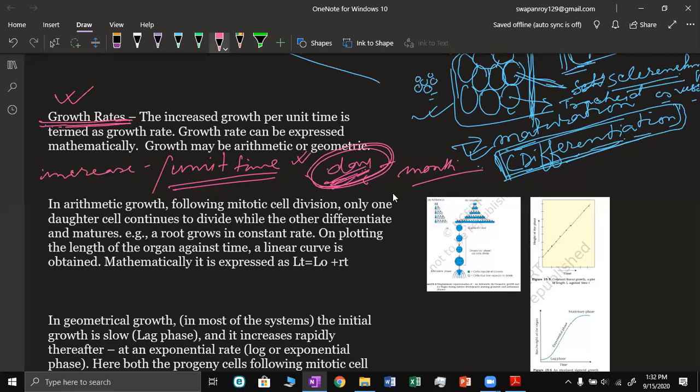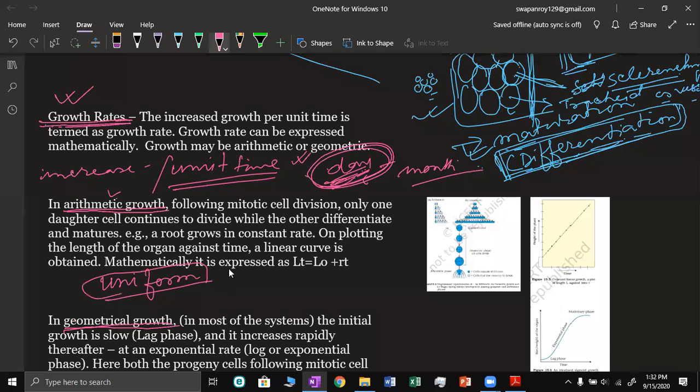Now, according to the growth rate, we can divide growth into two types. One is called arithmetic growth, another is geometrical growth. In arithmetic growth, the rate of growth or this increase is uniform.